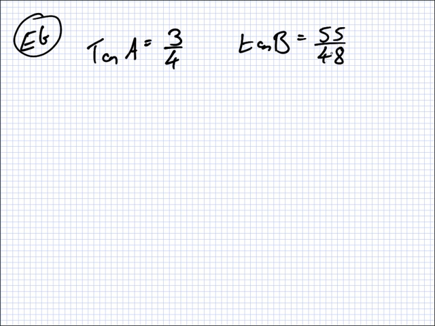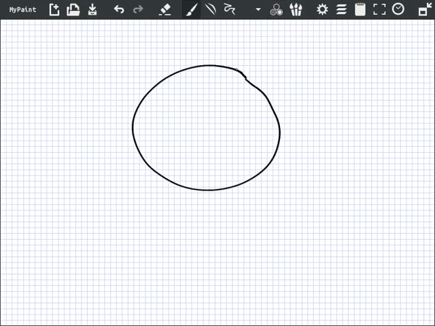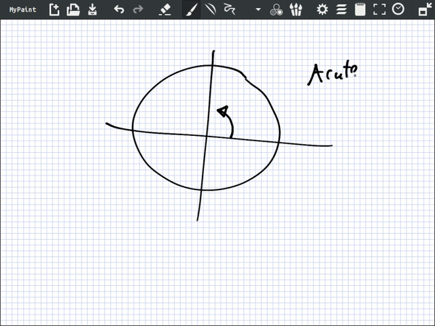Before we do that, just a little bit of English. If the angle is between 0 and 90, we call it acute. If it's between 90 and 180, we call it obtuse.